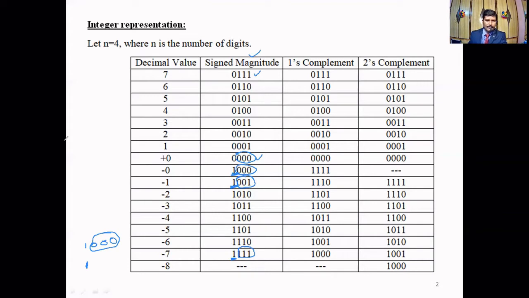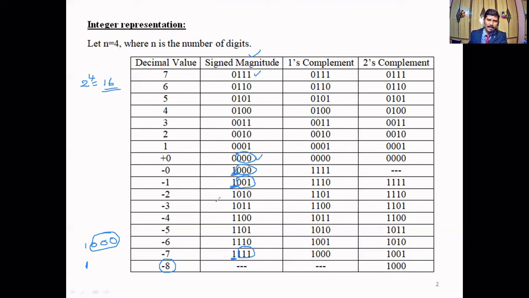Total 2 power 4 equal to 16 different values we can represent, if you count minus 7 to minus 0, plus 0 to 7. We cannot represent minus 8 in sign magnitude form because that is overflow.